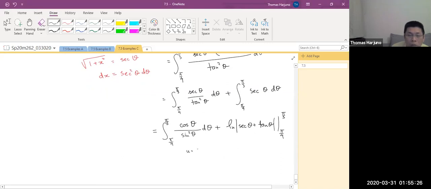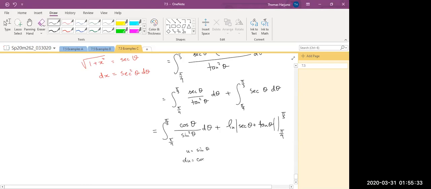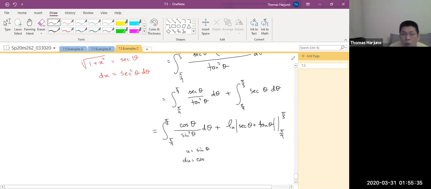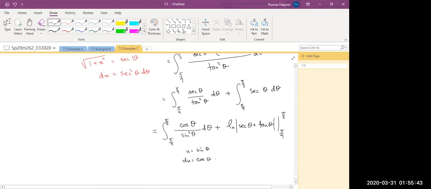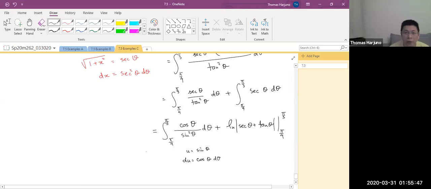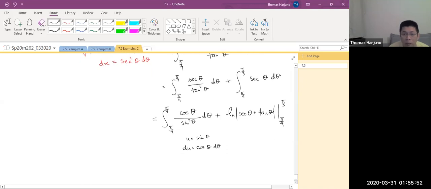U equals sine theta. I did sine squared theta for the u. I don't think that's what you want to do. Oh, right. Sorry. Okay, this is better already. Well, you gave me that. I didn't see that coming though.